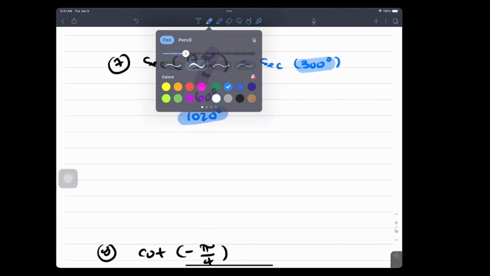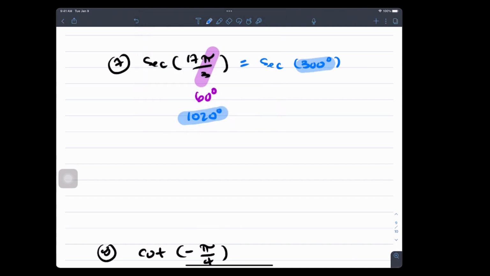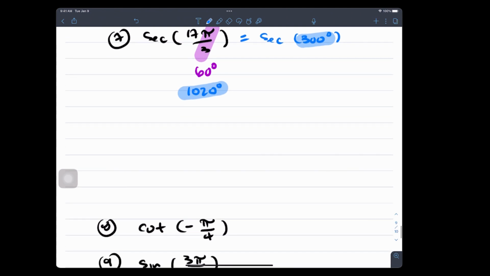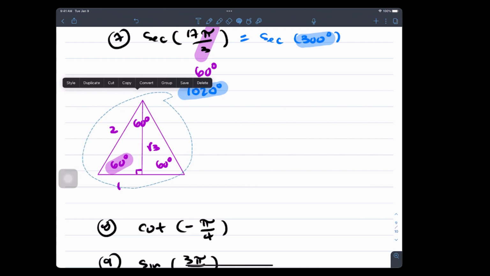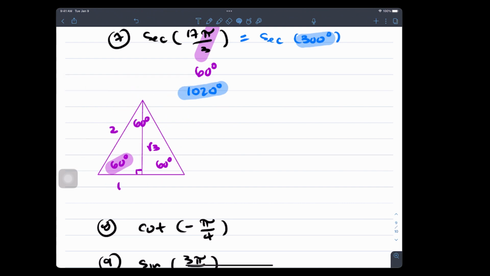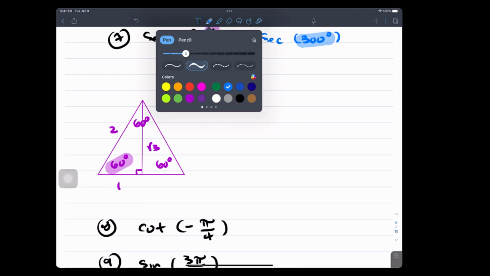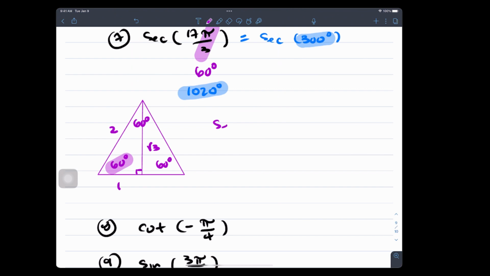All right, here we go, ladies and gentlemen. Now, how do we do the rest of this process? I think I have this here. So what is secant now of the reference angle 60, because we're going to have to deduce our answer using this. I've got to say, okay, what is secant of 60?